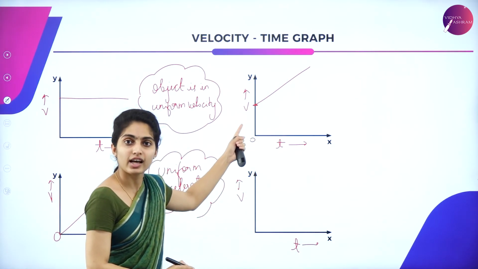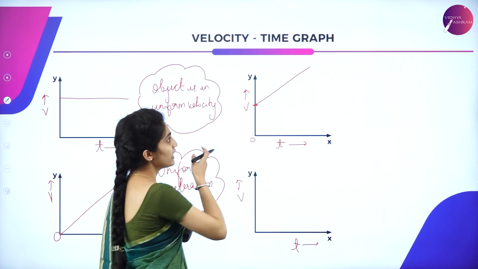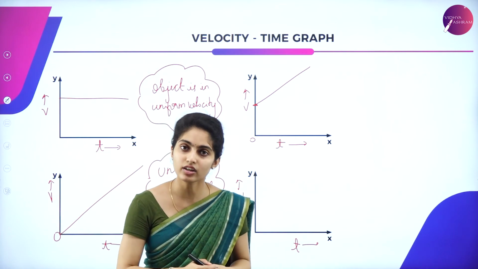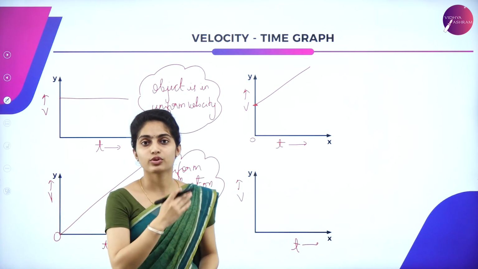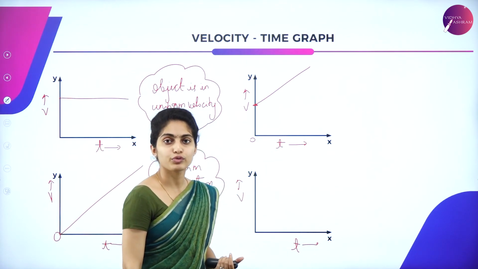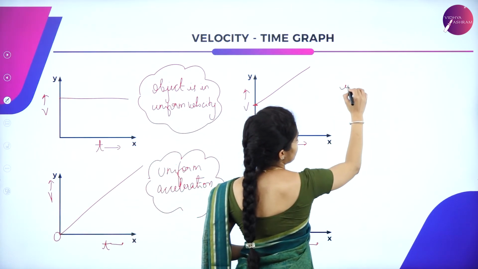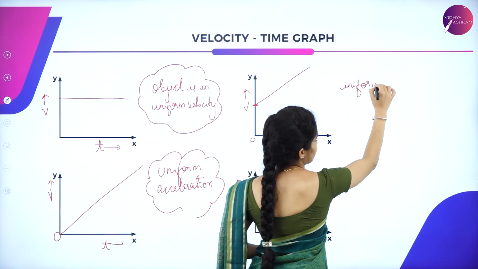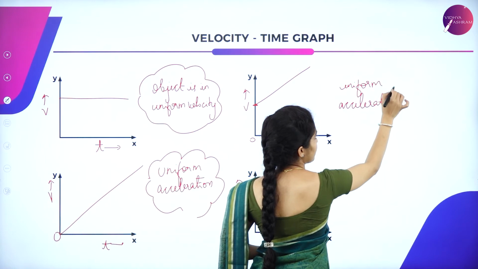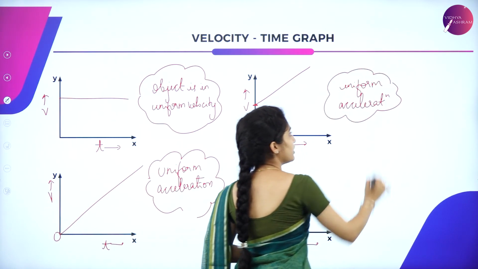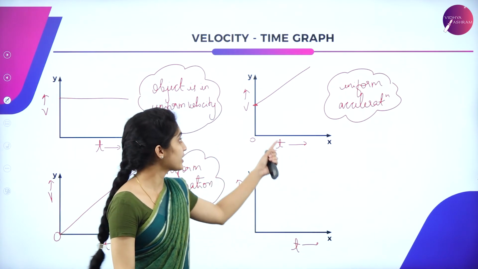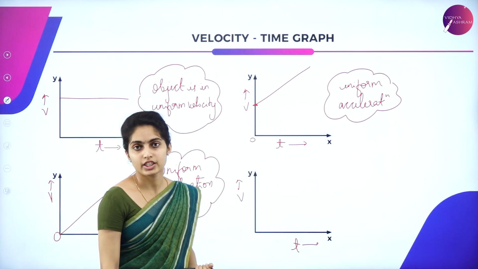So the object starts from an initial value and it increases uniformly. So there is a uniform increase in the velocity of the object. When that is the case, again it is said that the object moves with uniform acceleration.